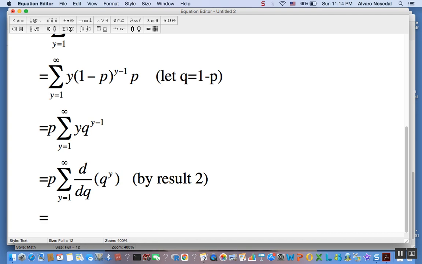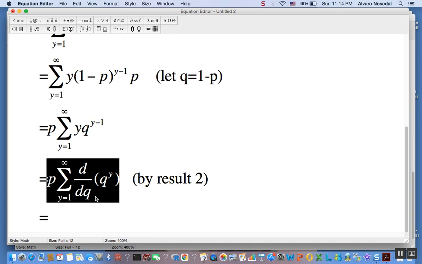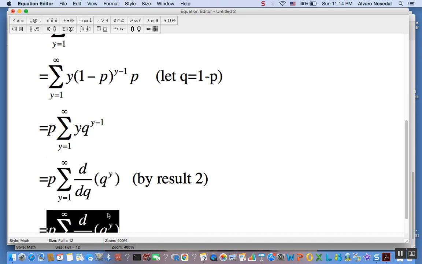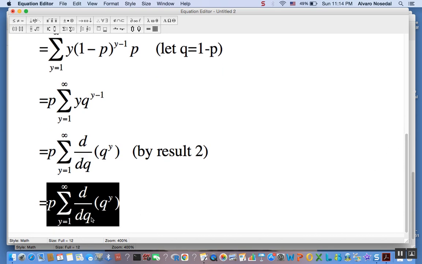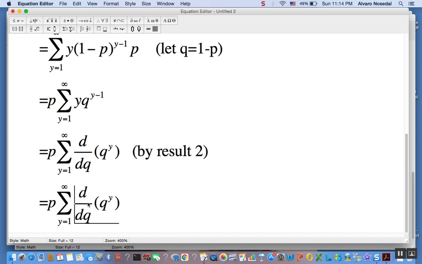Okay, so let's write that down. Derivative of a sum is the same as the sum of derivatives.